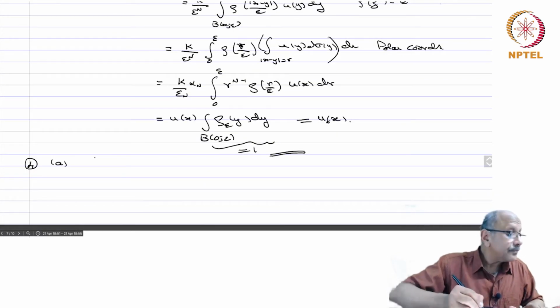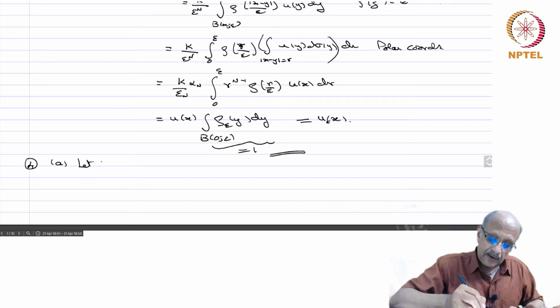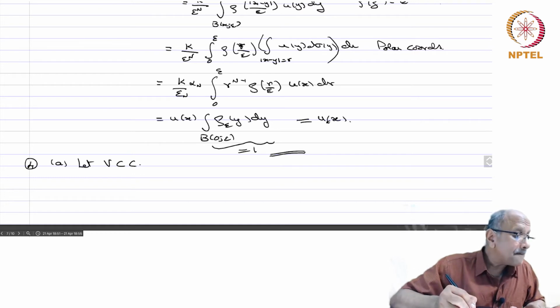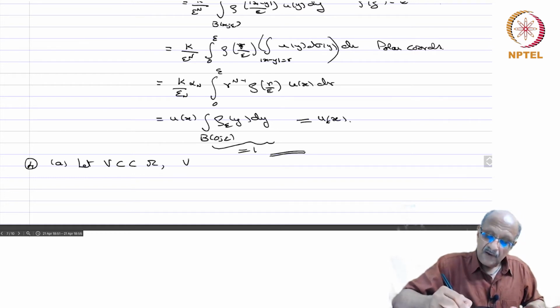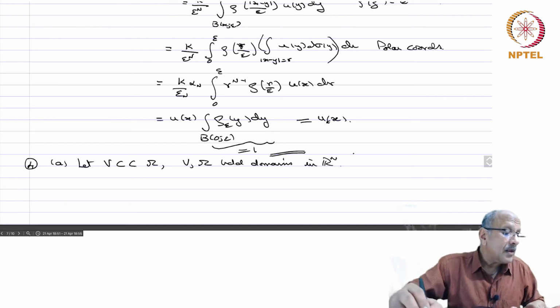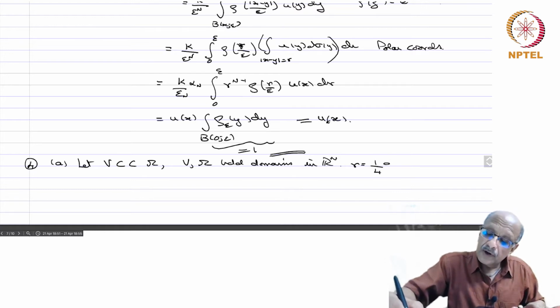Okay, so that proves this thing. Let V be relatively compact in omega, V and omega bounded domains in R n. Let R equal 1 by 4 d of V from gamma, where gamma equals the boundary of omega.